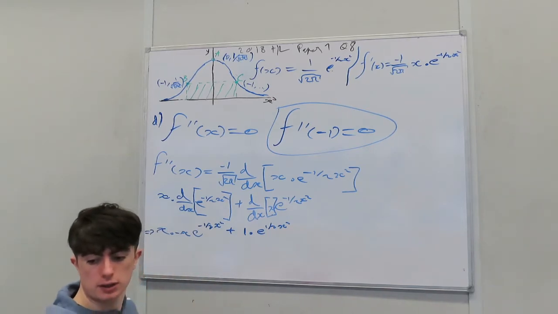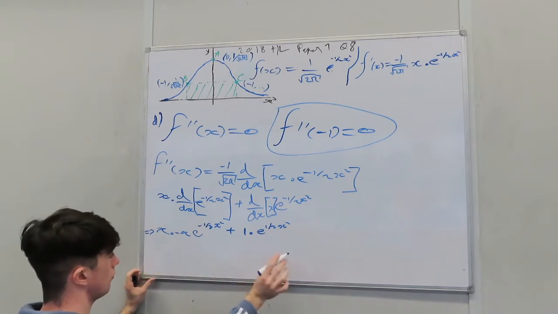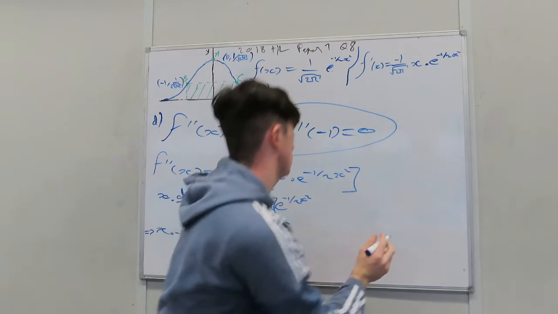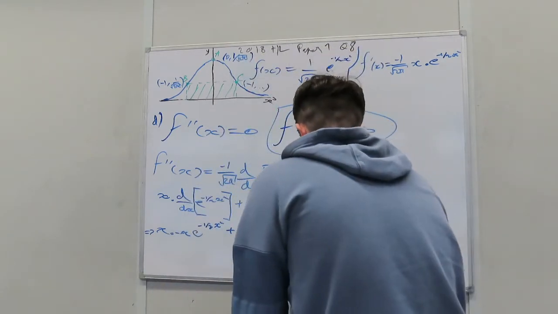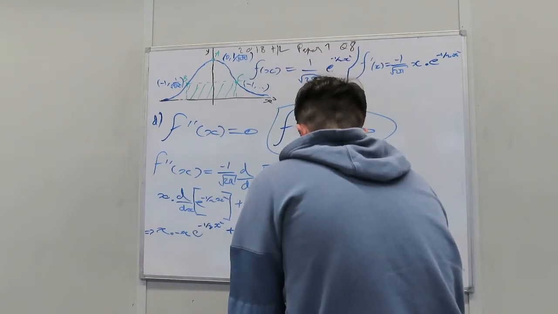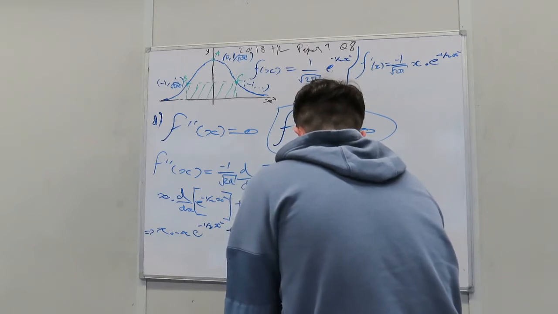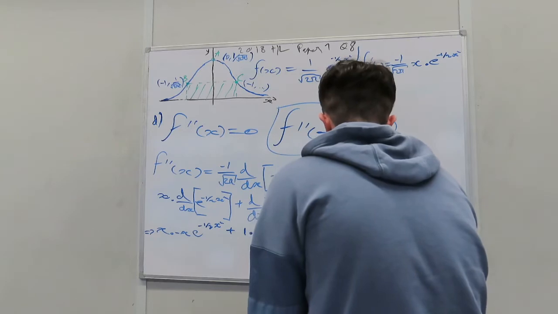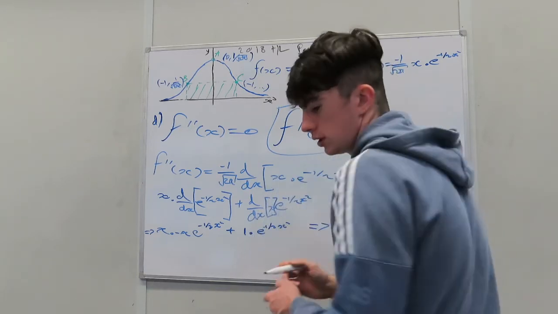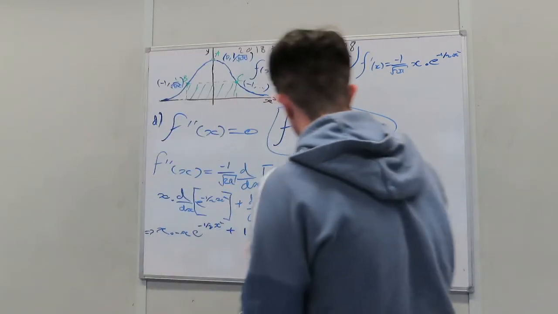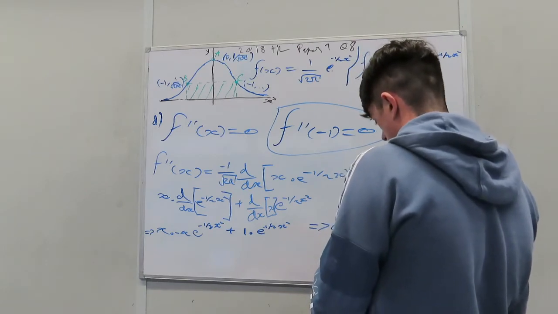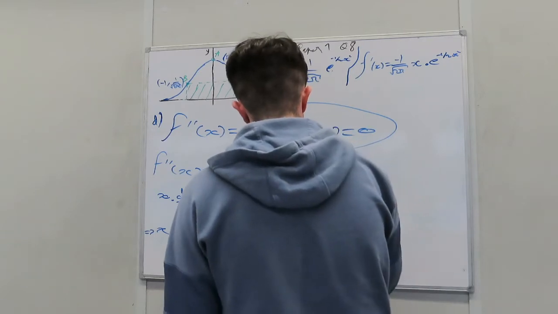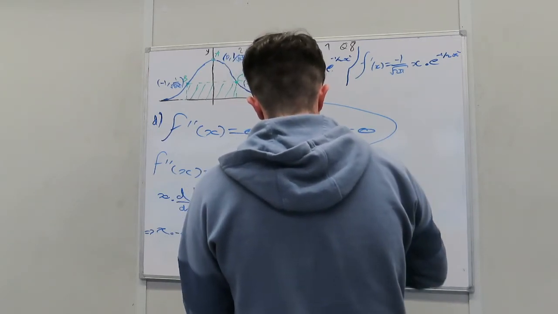Let's see. Yeah. So we multiply that out and add, and we get e to the negative half x squared times minus x squared plus 1. We have to make sure that we add back in our minus 1 over the square root of 2 pi.